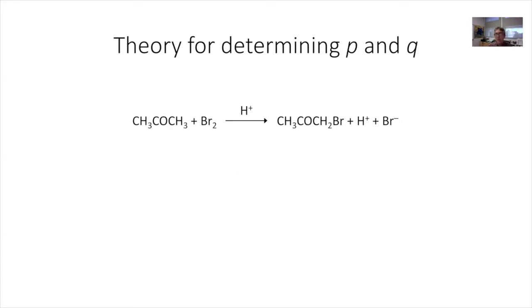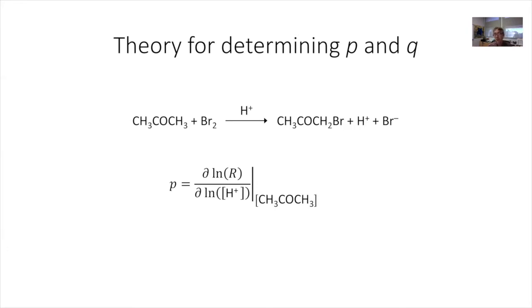Now, the theory for determining the orders of reaction P and Q. As you can read in the lab manual, P is the partial derivative of the log of the rate with respect to the log of the hydrogen ion concentration when the concentration of acetone is held constant.